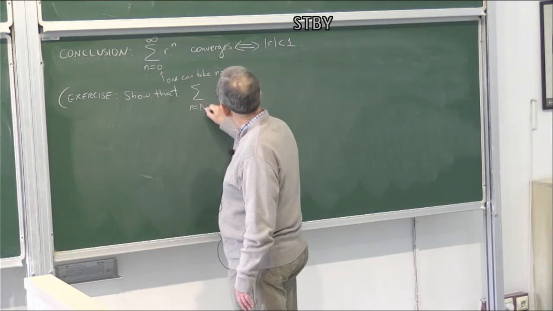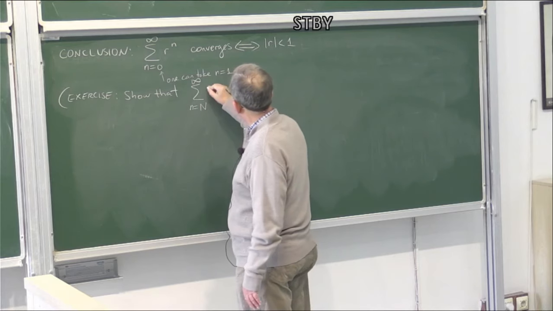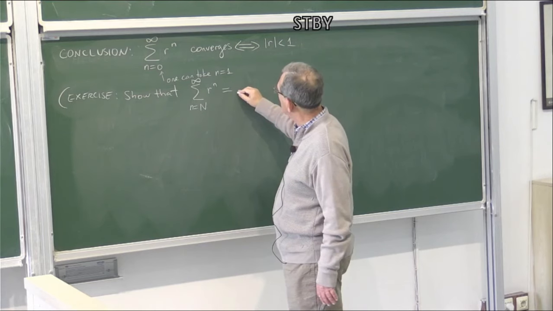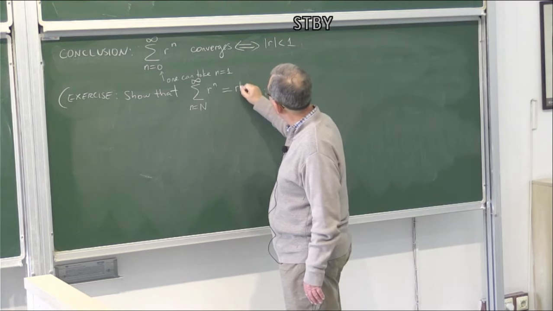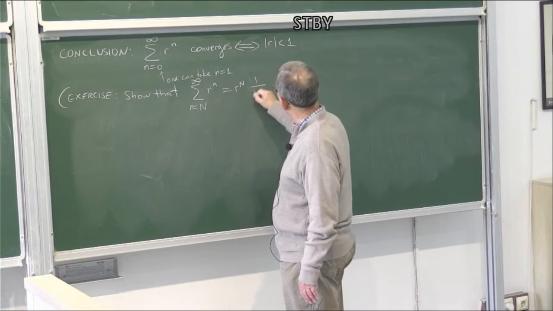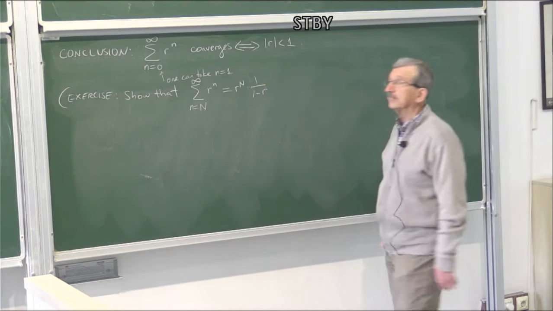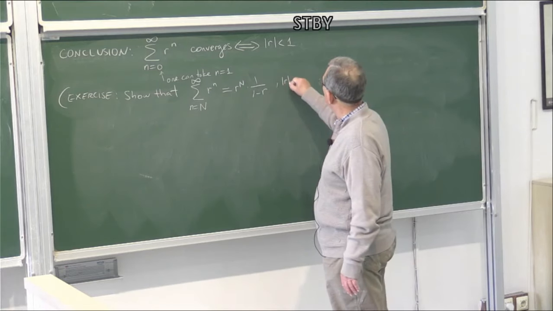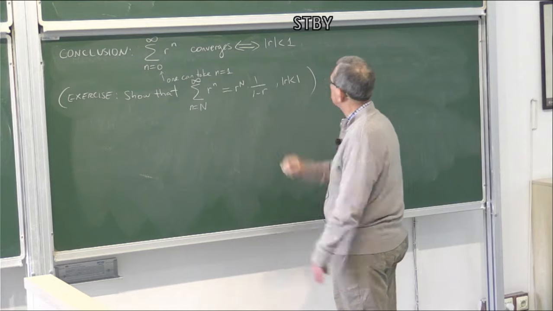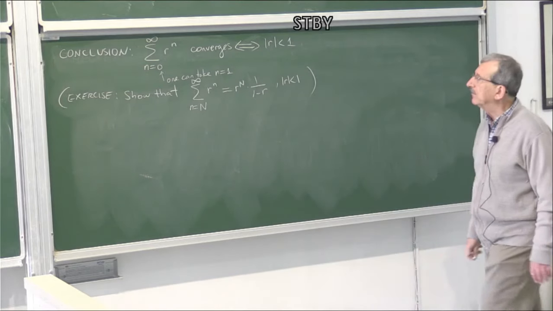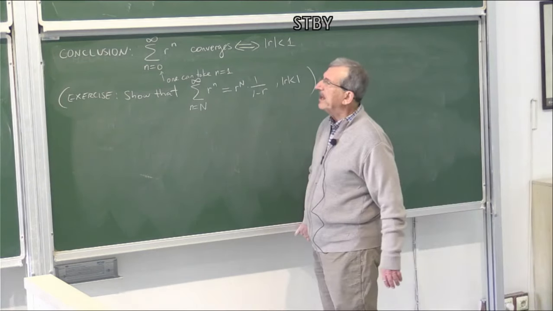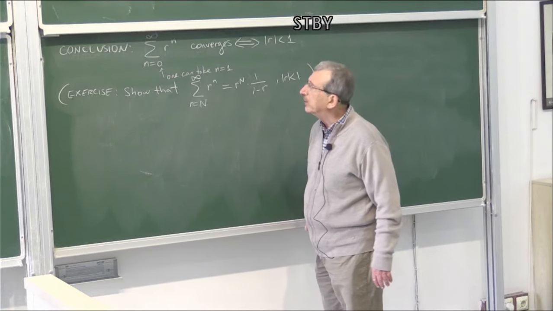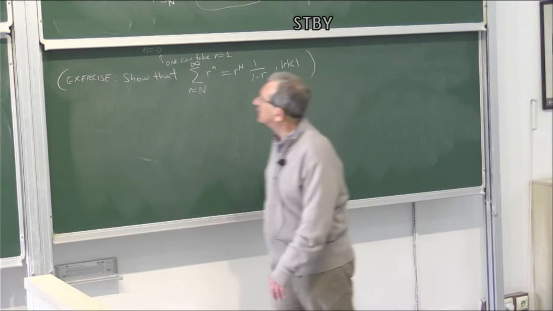And starting from n to infinity of r to the n happens to be r to the n times 1 over 1 minus r. Okay. Assuming, of course, you have convergence. Okay. You can easily show that. Everything depends on the calculation of Sn's, remember. So you have to be careful about Sn's.